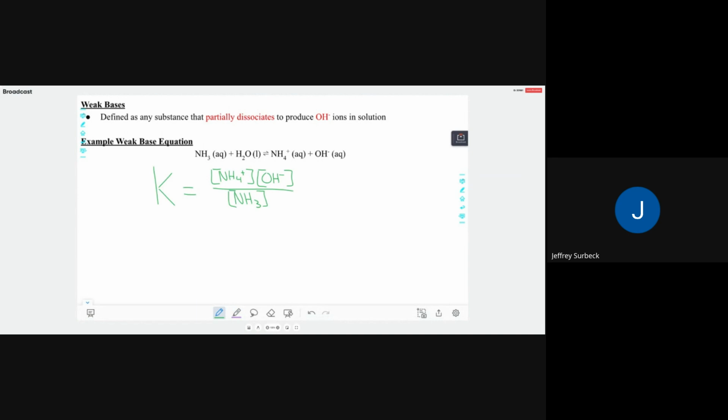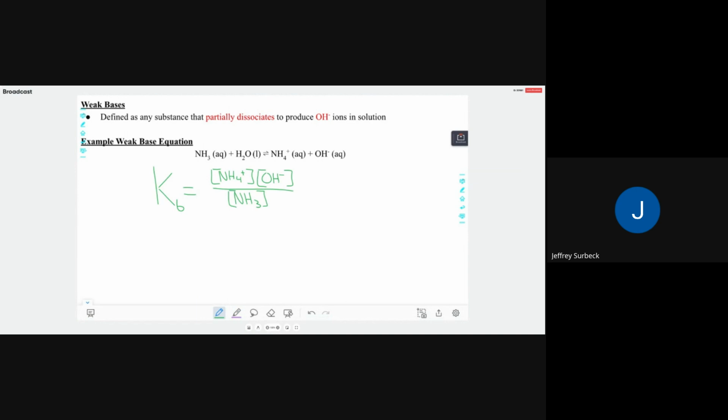Unlike in acids where we got an H3O plus, now when we have a weak base problem, we get OH minus, okay? The other thing I want to point out is this. We call this Kb, B standing for base, to distinguish our base versus our acid, okay?